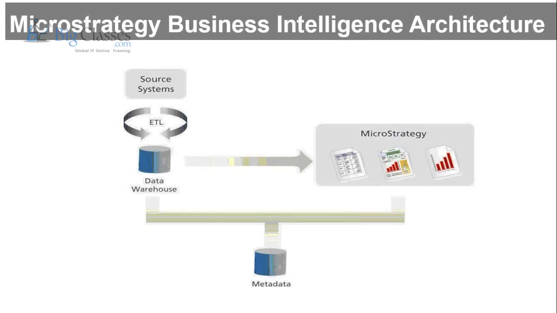If I'm creating an object which gives me the revenue data, the metadata will store the information that the revenue object is pointing to this particular table and column. So the metadata does not contain actual data, it just contains the object definition.